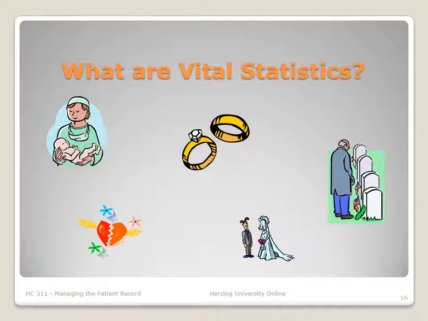Vital statistics are records that are kept permanently. They include records of births, deaths, marriage, and divorce.